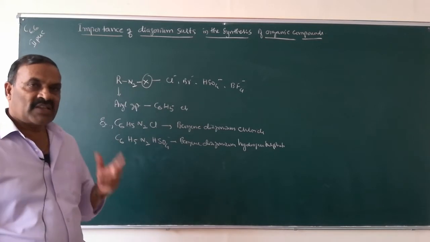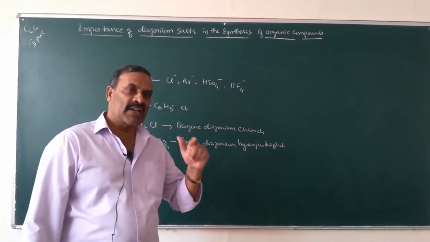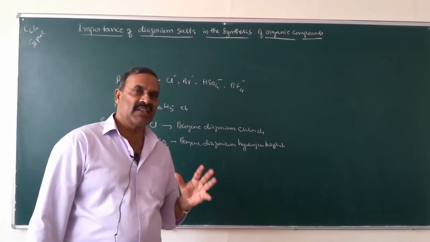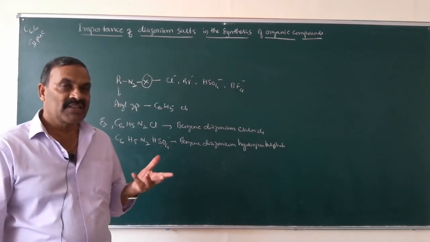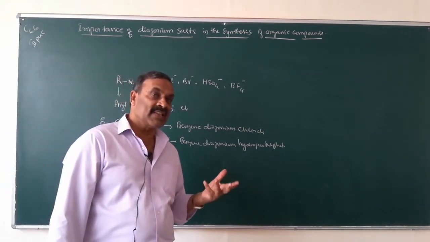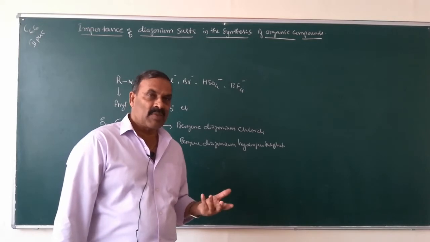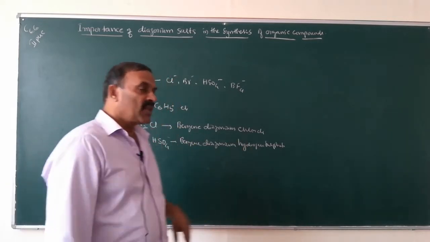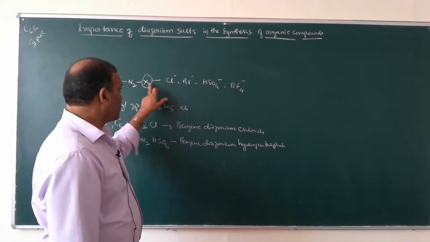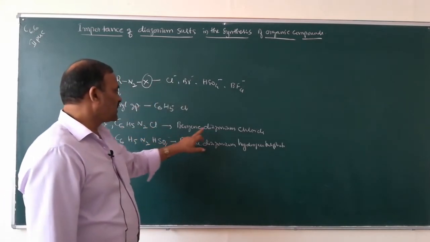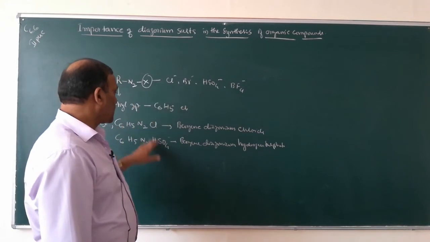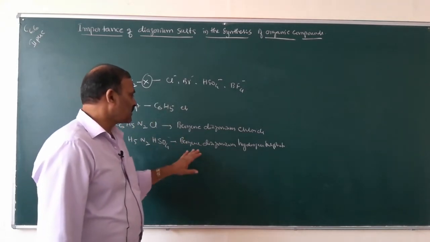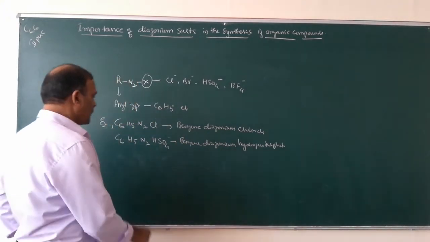Organic compounds having the general formula RN2X are called benzene diazonium salts, where R is an aryl group like C6H5 and X may be Cl minus, Br minus, HSO4 minus, BF4 minus etc. If X is Cl minus, it is benzene diazonium chloride. If X is HSO4 minus, it is benzene diazonium hydrogen sulfate.